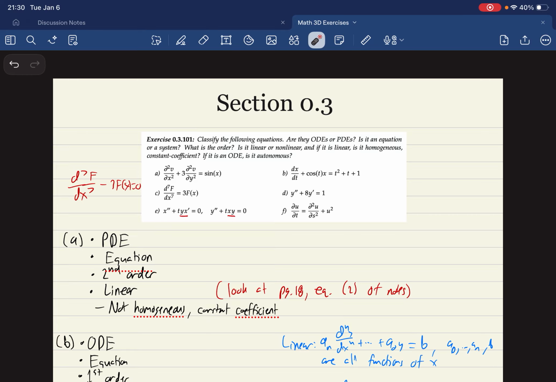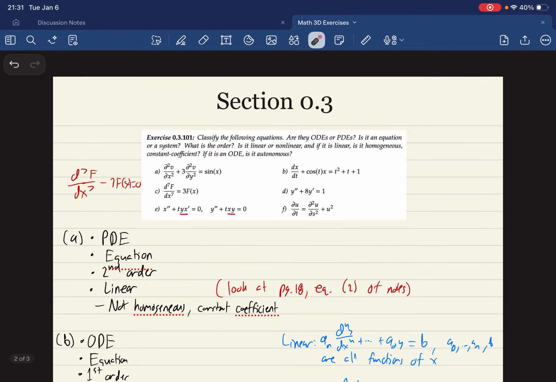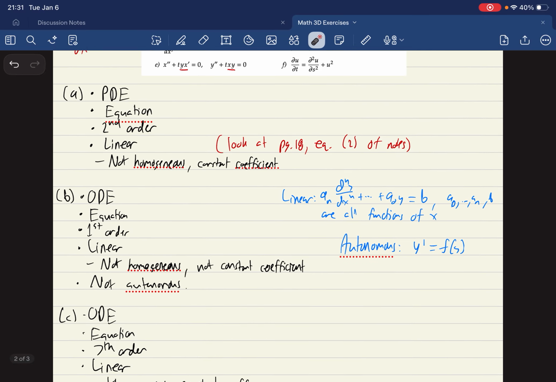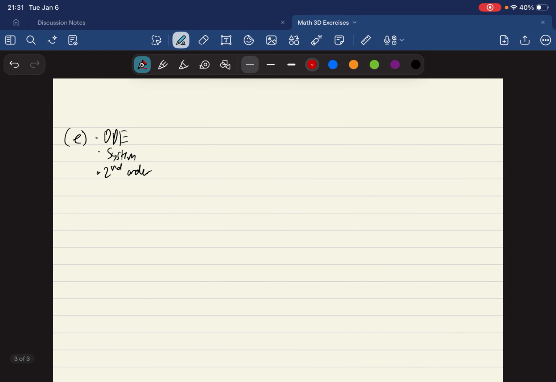We can tell because these are the functions that we're taking derivatives of. And presumably, the variable that they depend on is t. Since we are multiplying the two functions together, and it's not like this case where x could be multiplied by something that only depends on its independent variable, the presence of these two terms makes this a nonlinear equation. And so we can annotate this. This is nonlinear.